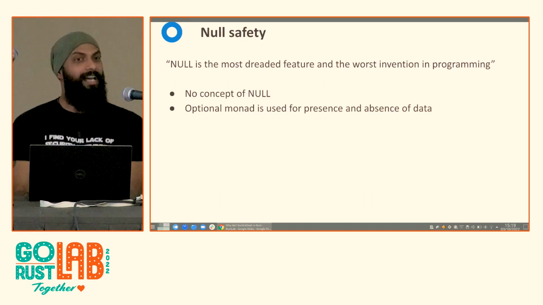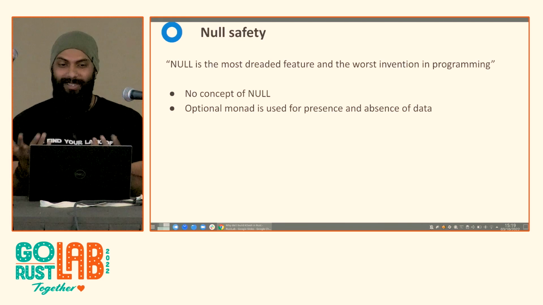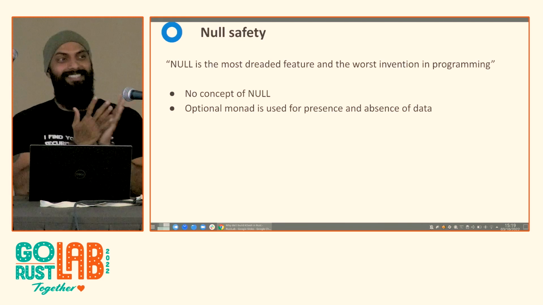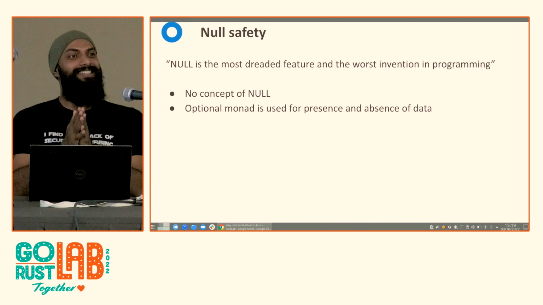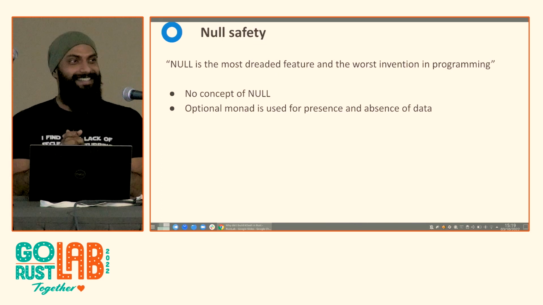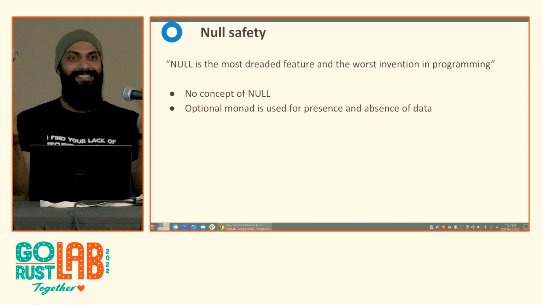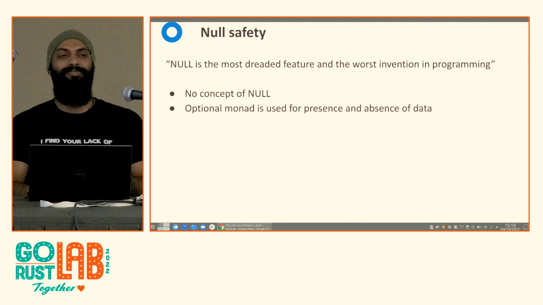And null safety. Maybe Rust folks, you don't consider this a big deal, but for someone coming from Java, this is a huge deal for me. Null pointer exceptions have been like a nemesis of Java developers, right? I don't even know the number of times I have had null pointer exceptions at runtime. You had to go find out what it is.